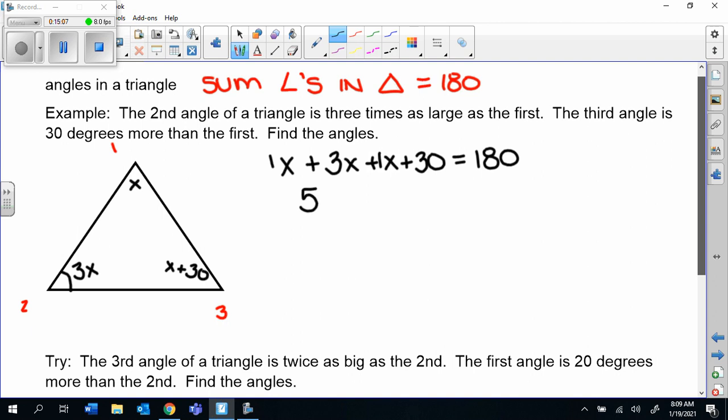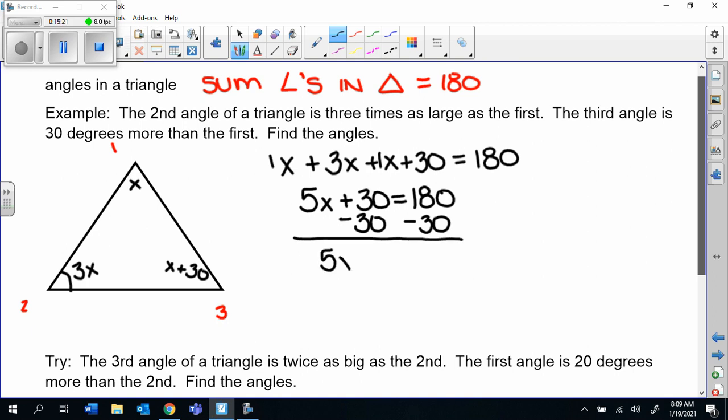I have 5x plus 30 equals 180. Take that 30 to the other side. So 5x equals 150. Divide by 5, divide by 5. X equals 30.